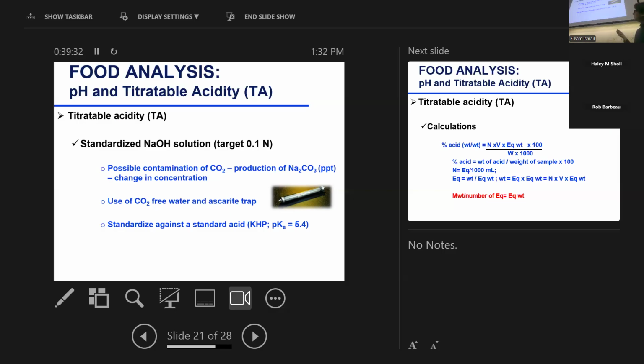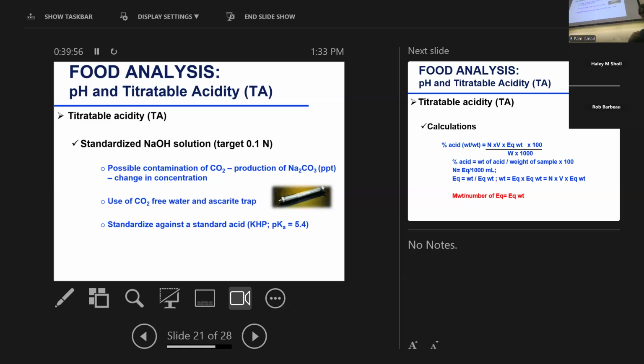So what you're going to use in the lab is water that has been boiled, and the CO2 was removed from it by boiling. It's going to be in a big flask with an attachment to a trap. We call it an Ascarite trap. What is this trap? It has silica coated with NaOH.